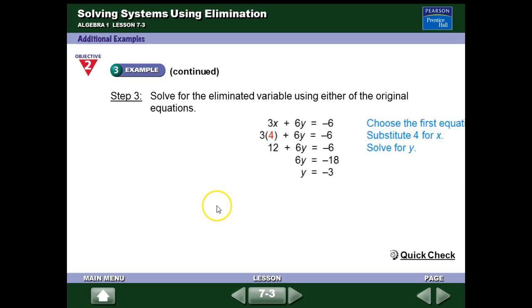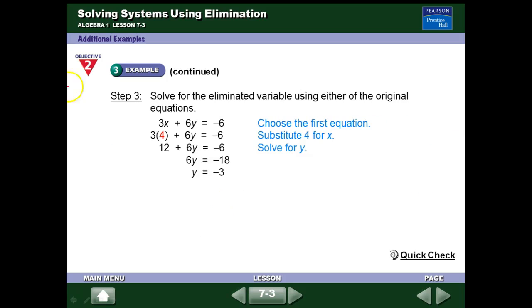So because x equals 4, this is one of my equations from my system. Okay, so this was given in your system up here. X equaled 4, we just discovered. So plug 4 in for x and solve for y. We get y equals negative 3.